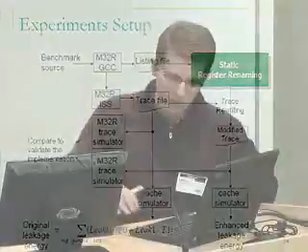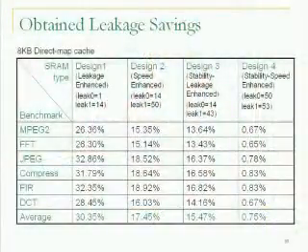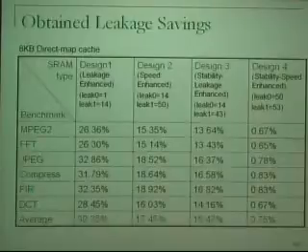This is the experiment setup. We avoided binary manipulation in order to have the simulations done much faster. So again, these are the benchmarks that we used. And for different designs, you see different leakage savings.